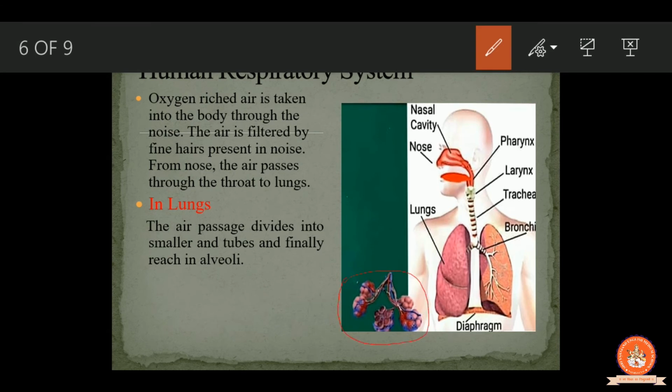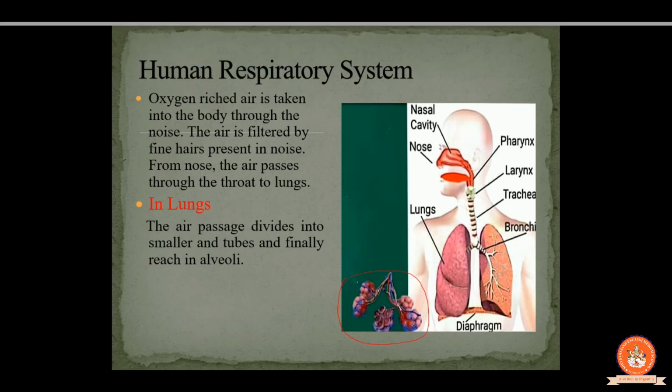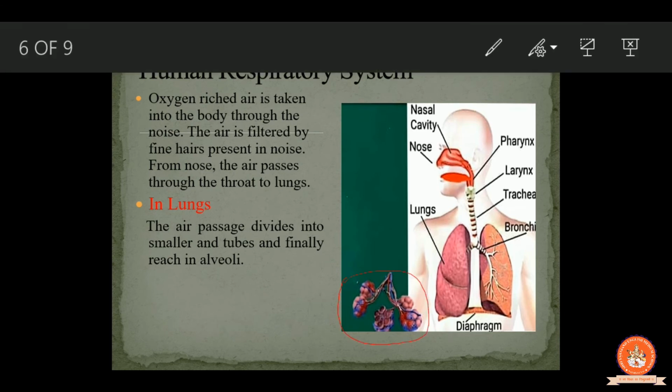That balloon-like structure is known as alveoli. Now let's start. When the air reaches the lungs, what happens? The air passes and is divided into smaller and smaller tubes.